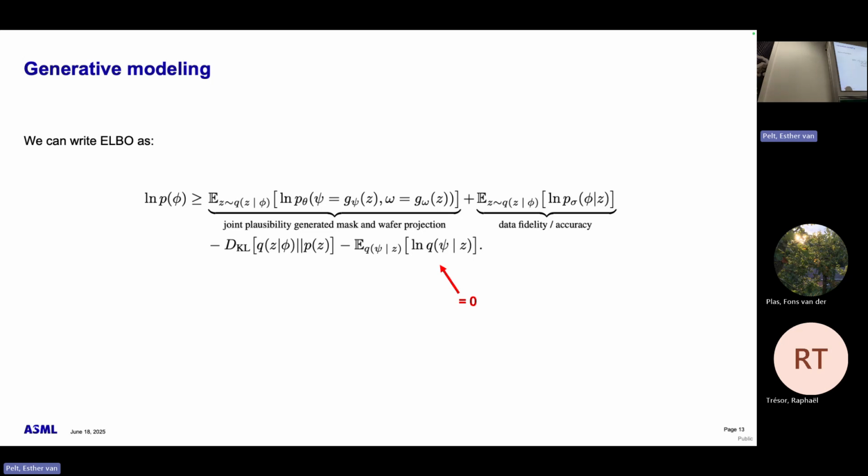Then we also have the data fidelity term, which checks whether the reconstructed wafer target is actually the same as the input target. And then there's the KL divergence between the latent variables and also an entropy term, which is 0.